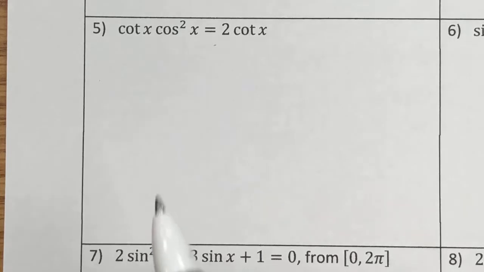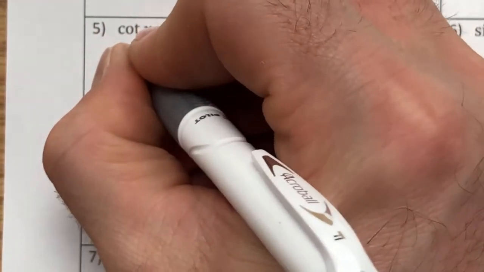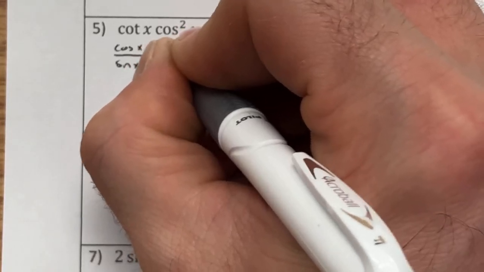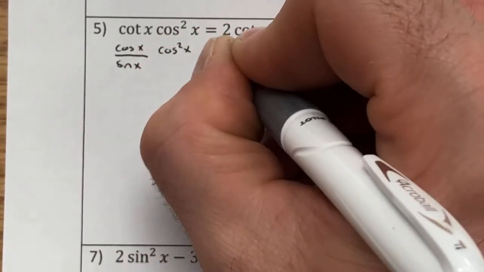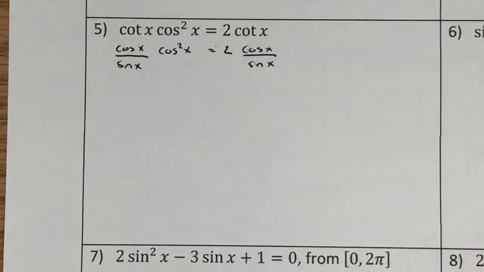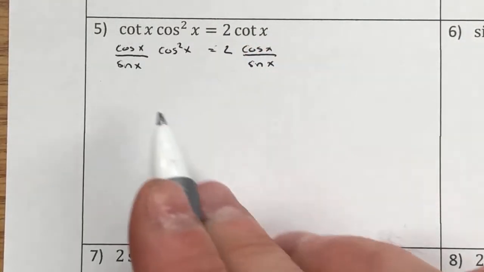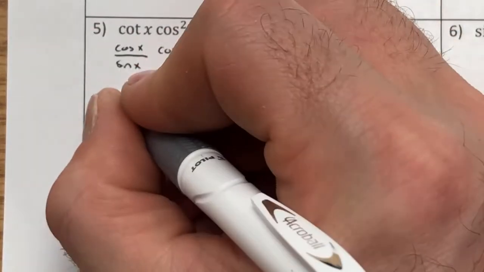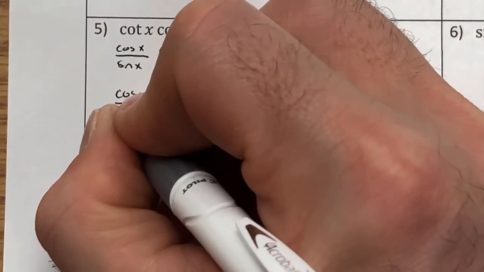The first step we always like to do with these is rewrite them as the cosine over the sine times the cosine squared is equal to 2 cosine over sine. Now I notice that they both have a cosine over sine, so the first step that I'm going to do is go ahead and move that over.